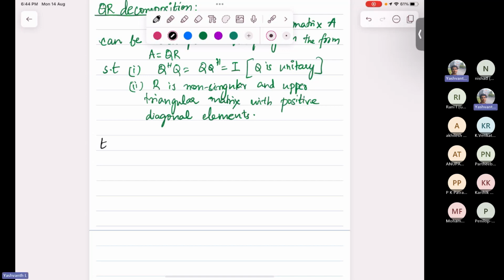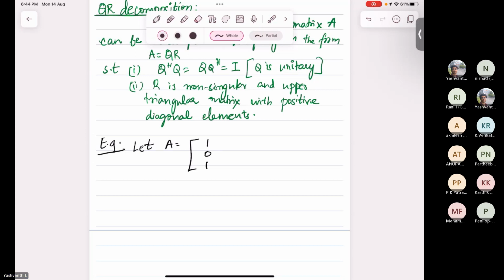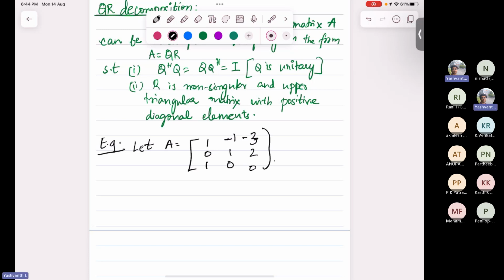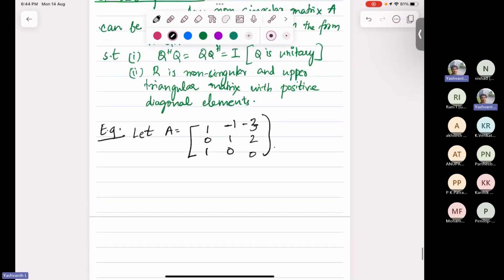Example. Let A equal to the matrix with rows 1 0 1, minus 1 1 0, and minus 3 2 0.